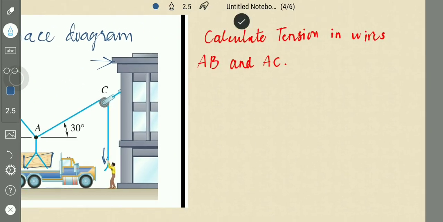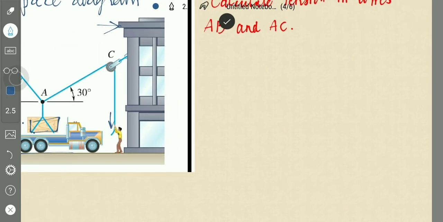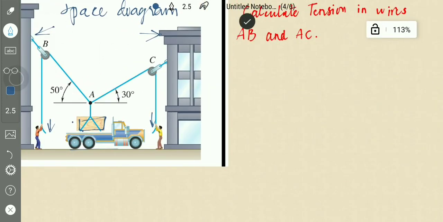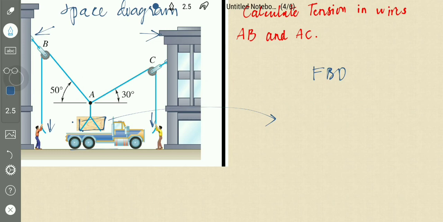In order to select a body, let us select this body to draw the free body diagram. How does it become?